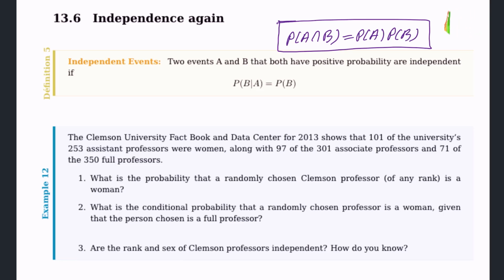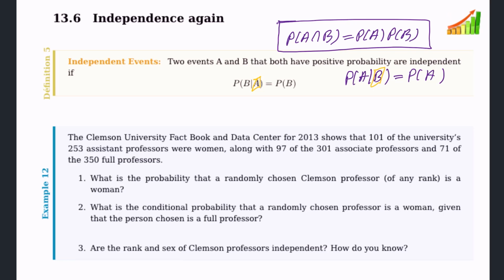Now let me explain how to check independent events using conditional probability. Suppose there are two independent events A and B, then probability of B given A equals probability of B, or you can write probability of A given B equals probability of A. Now you see here, A is the condition, here B is the condition.